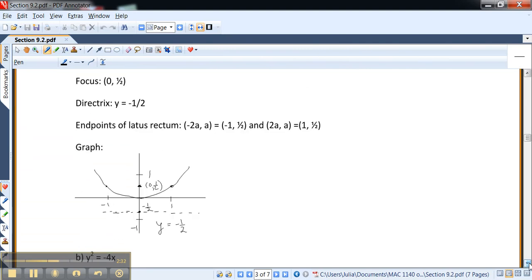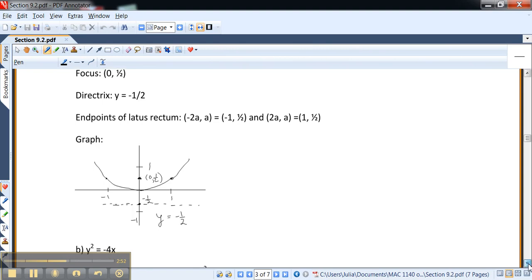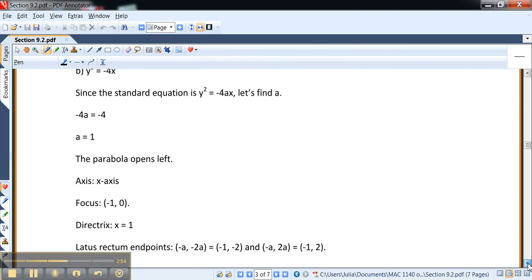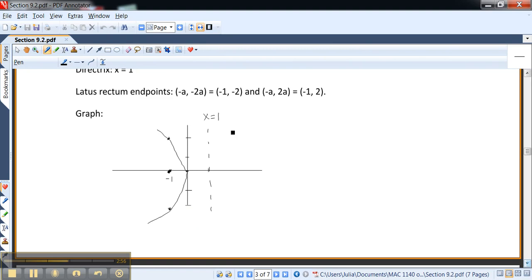So in this case, the focus happened to be 1/2. And notice, to figure out how wide the parabola is, the point from the focus to the parabola should be twice of 1/2, which is 1 in this case. That's how we get negative 1 and 1. Okay? And the same kind of idea applies over here.